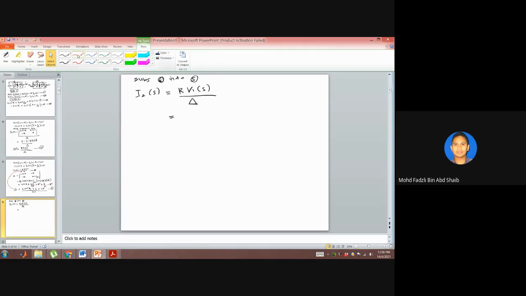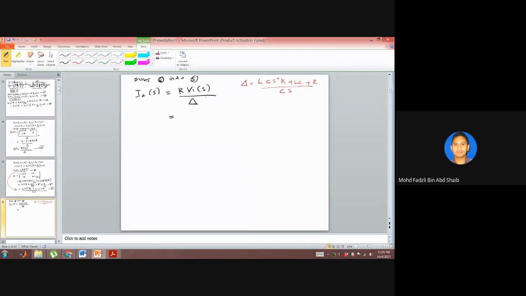Now we know that determinant equal LCS squared R plus LS plus R over CS.